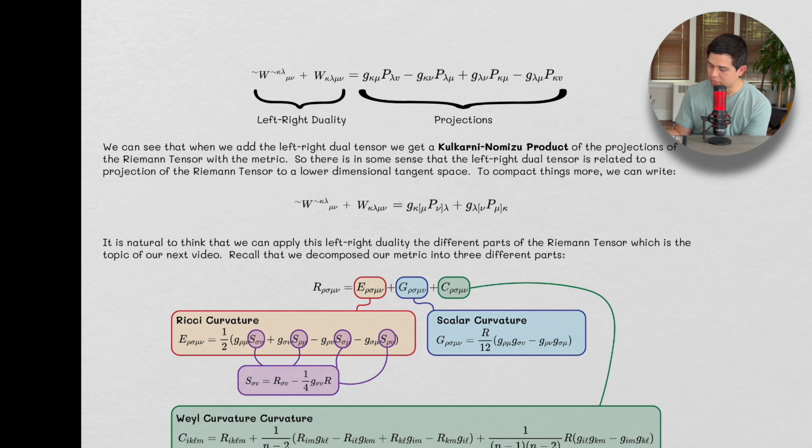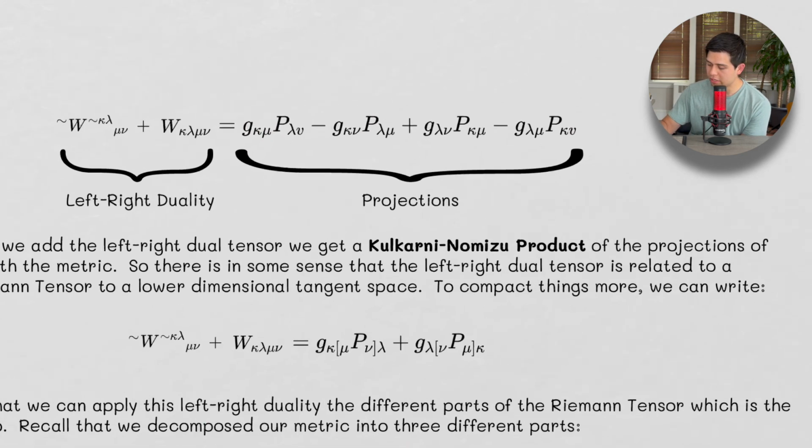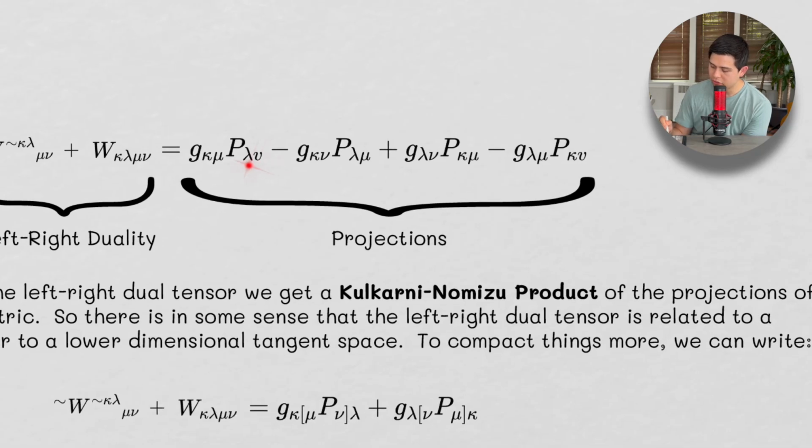To compact things more, we can write it in this way. So the Kulkarni-Numitsu product is really, this is the product right here. It's a product between some arbitrary tensor with another arbitrary tensor, typically the metric tensor. Okay. And you can see, if you look carefully at this thing, we have lambda nu, lambda mu, and then kappa mu, kappa nu.